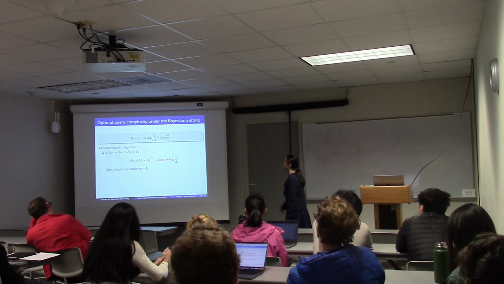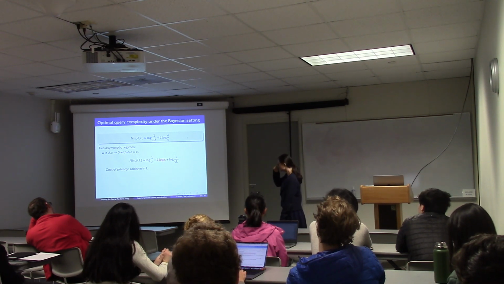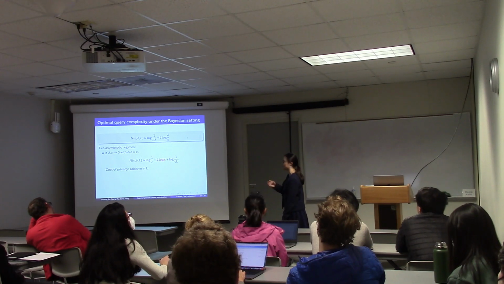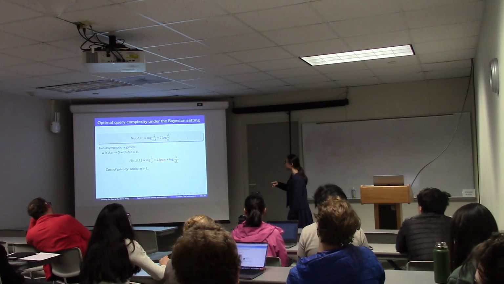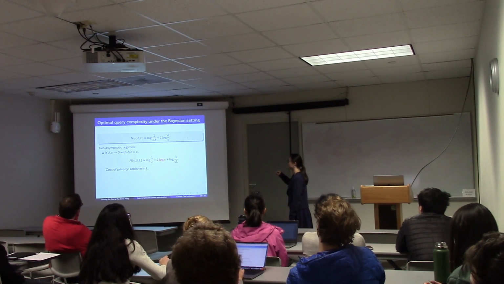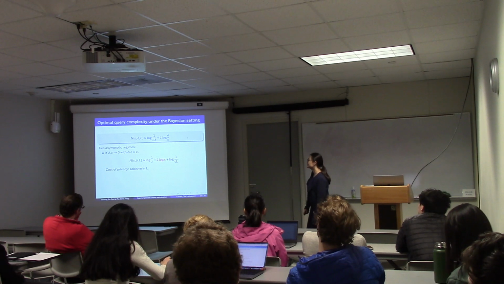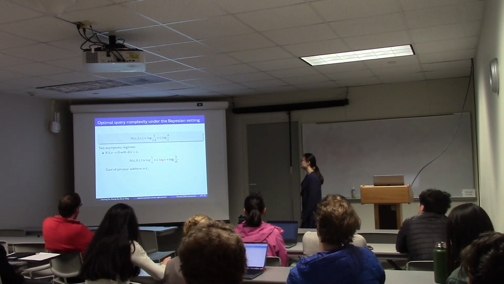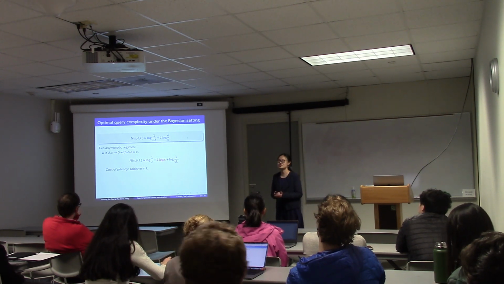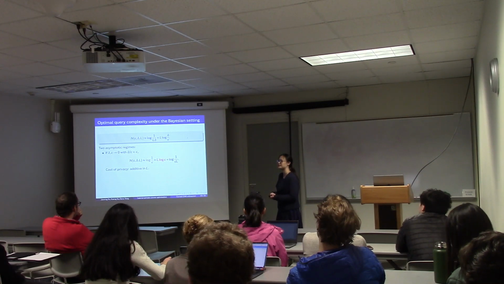And we find that the optimal query complexity is log 1 over epsilon, which is the number of queries you need if there's no privacy constraint. And then there's an additive factor, L times log of a constant. And there's another constant factor. So in this regime, the cost of privacy is essentially an additive factor of L.